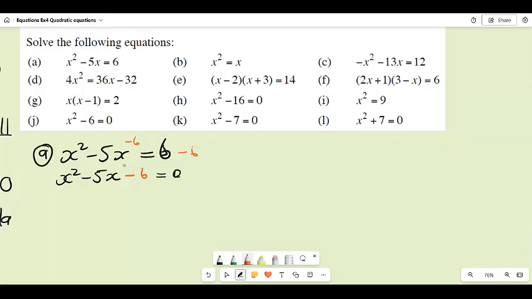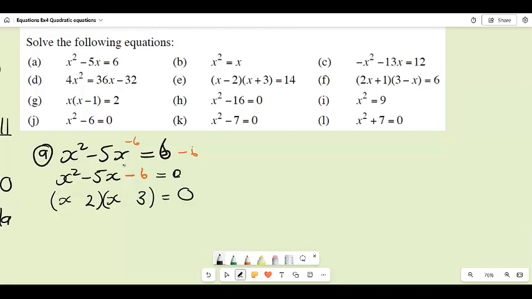Now you are going to do your two brackets. Your factors are x and x, and then your factors of 6 are going to be 6 and 1, 2 and 3. So 2 and 3 gives me 5. 6 and 1 also gives me 5.